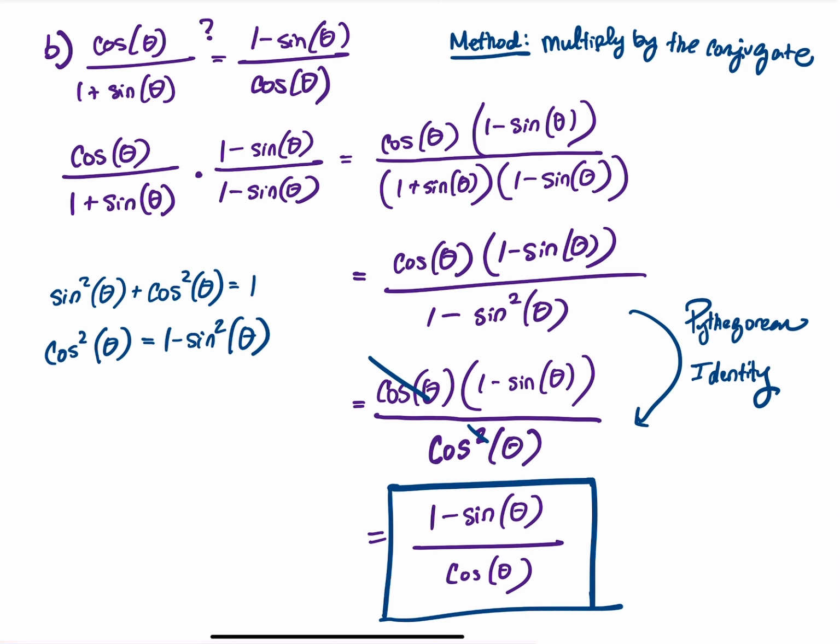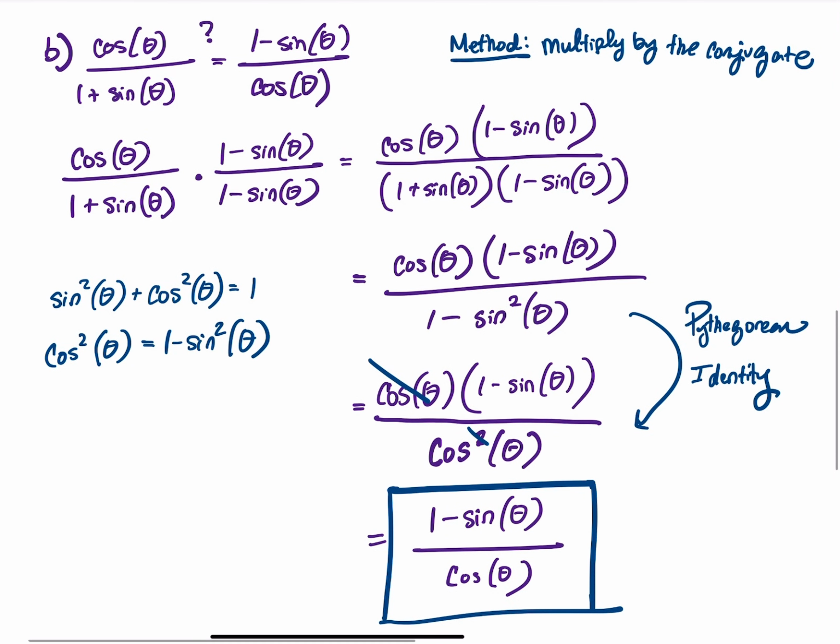So a little bit tricky, but we were given that suggestion in the description. It might have been a little bit harder if we were just told to verify this without a little hint there. But that is ultimately what we're working towards.